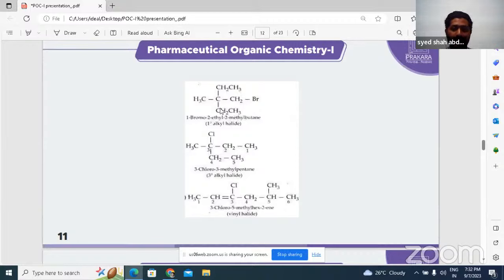This one is our carbon chain. Because we need to include bromo, we can't go with 1, 2, 3, 4, 5 carbons. We have to include bromine with the longest chain. If you go straight, it is only 3 carbons. If I go either this way or this way, I get 4 carbons. So 1, 2, 3, 4. This is the way we will be moving.